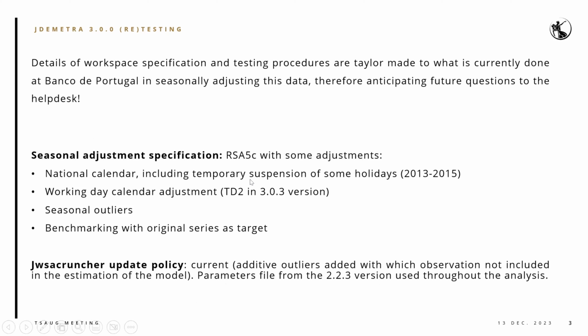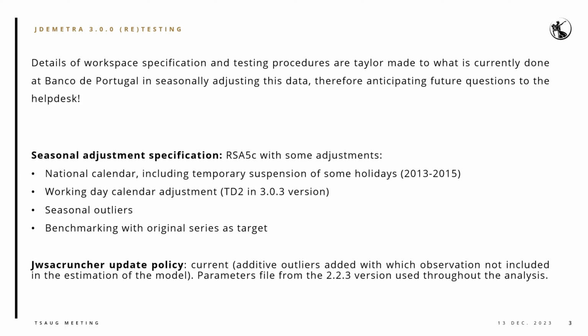So we have adjusted RSA 5 to the national calendar in Portugal, which includes the temporary suspension of some holidays. We include working day calendar adjustments, seasonal outliers, and this was the largest miss, let's say, in the previous version, the benchmarking, because we use benchmarking to the original series as target.